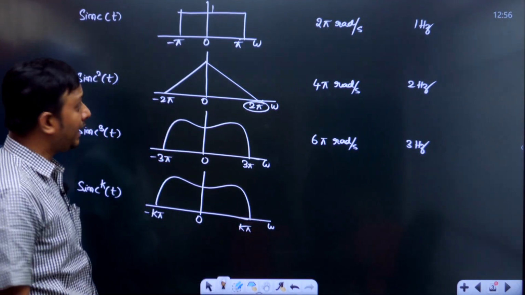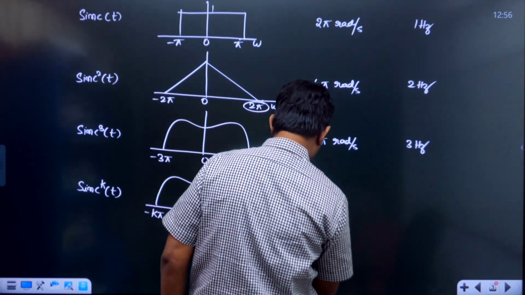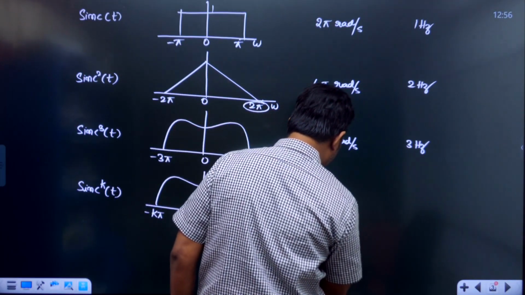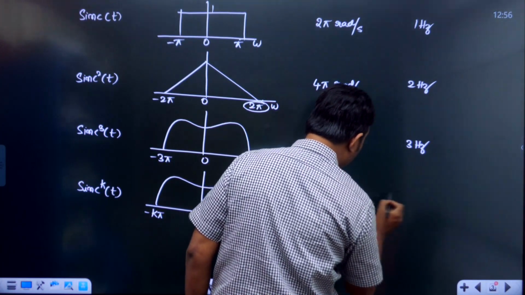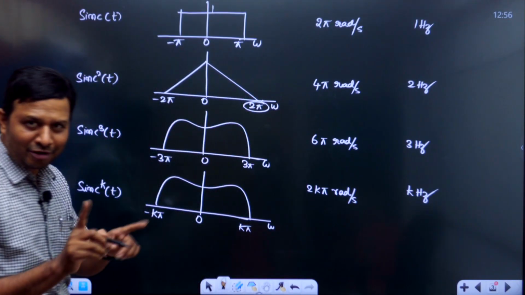Right? Now the Nyquist rate is 2k pi radians per second or k hertz. K hertz. Hope you are comfortable.